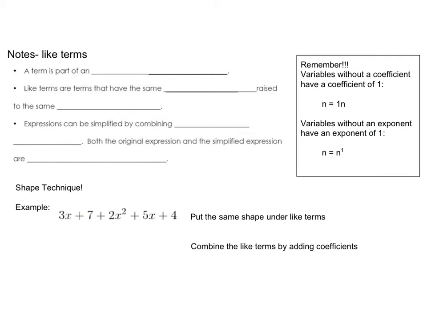So now we're going to get into the new stuff, but there are a little bit of notes that I need you to take. So let's start. A term, we've talked about this before, a term is part of an expression. And like terms are terms that have the same variable raised to the same power.